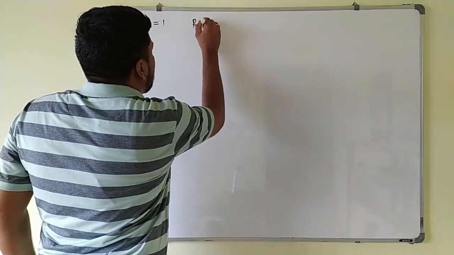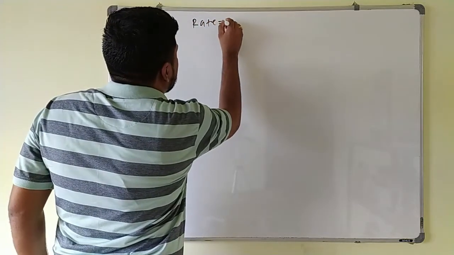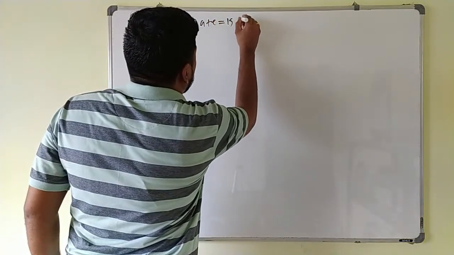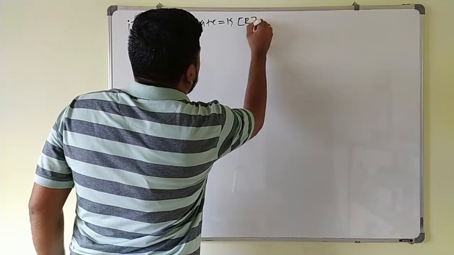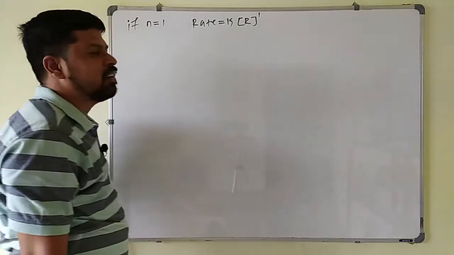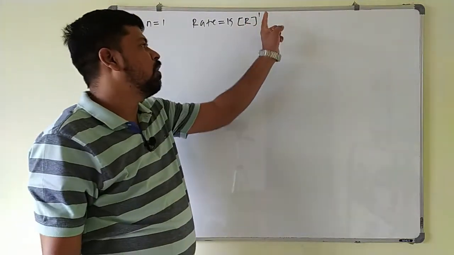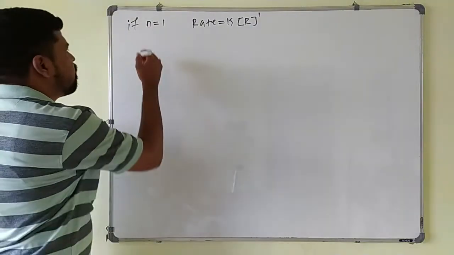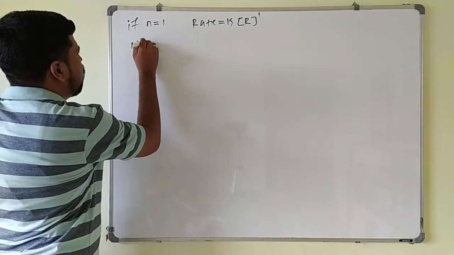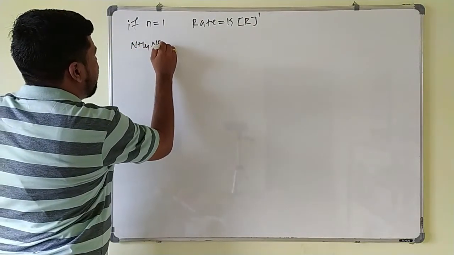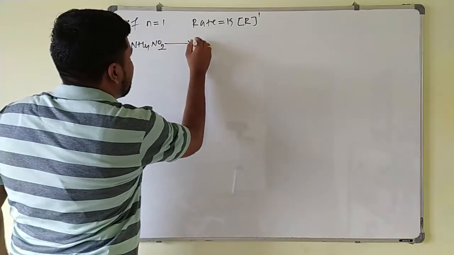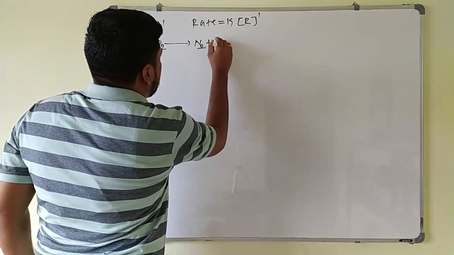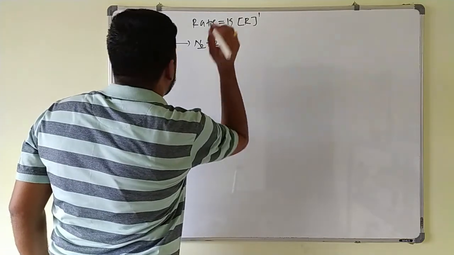For first order reaction, rate of the reaction is directly proportional to the first power of concentration term of reactants. Total sum of this power will be equal to what? 1 here. Example, if I write NH4NO2, this is giving N2 plus 2 times H2O.